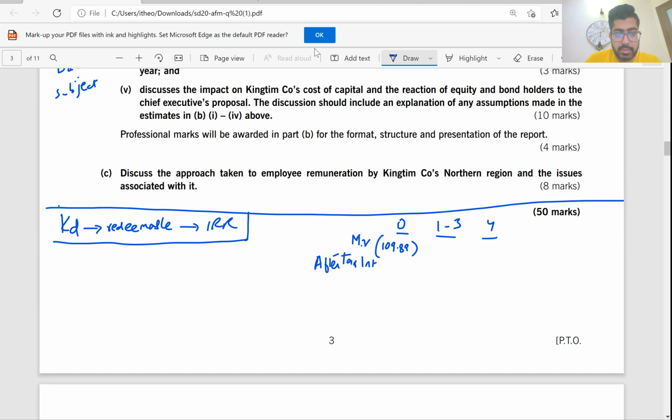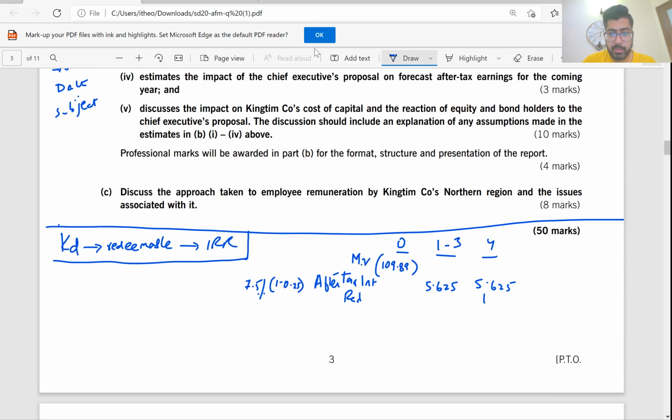So after tax interest is 7.5% times 1 minus 0.25. Because the interest income is taxed, 7.5% of par, 7.5, and you pay tax on it, he will receive 5.625 as interest income. And then redemption. It's redeemed at 8% premium of par, 108. These are the 3 transactions which usually happen with a bond.